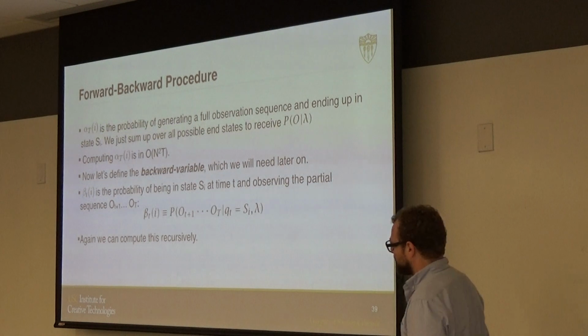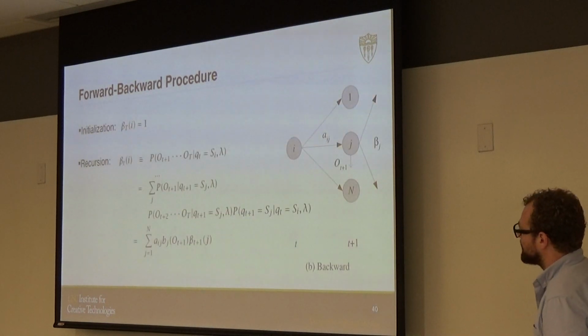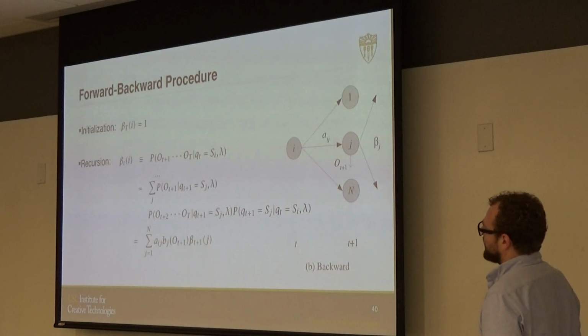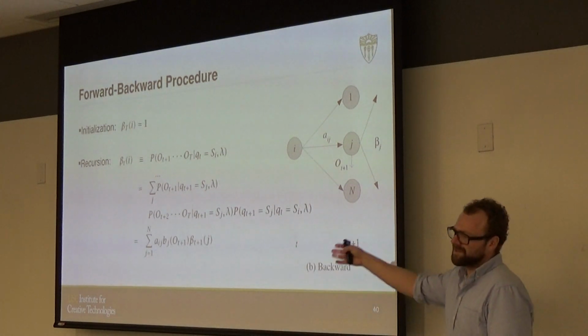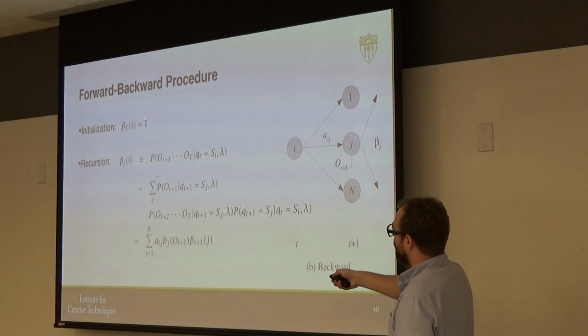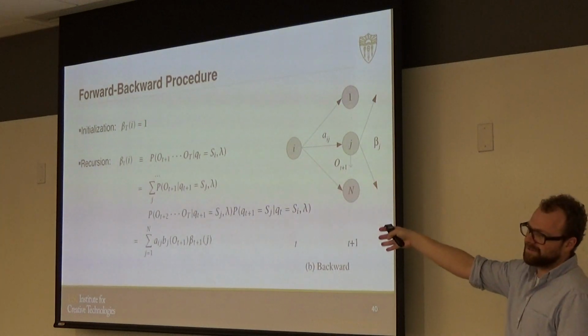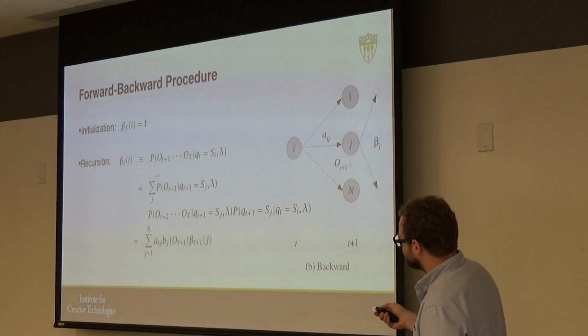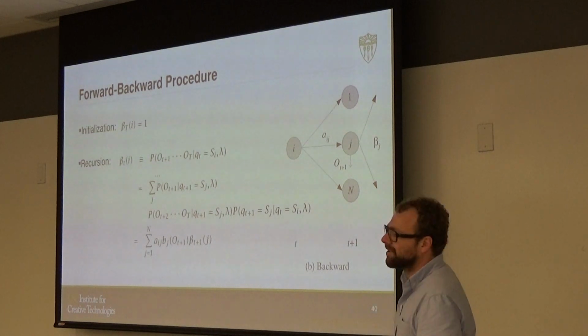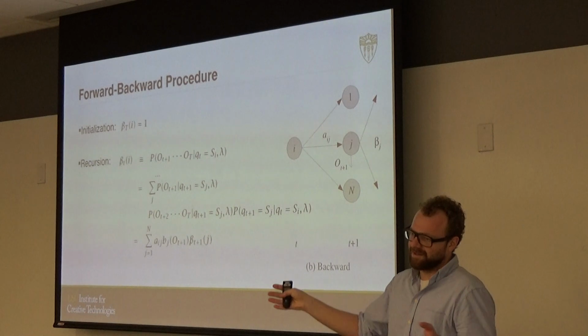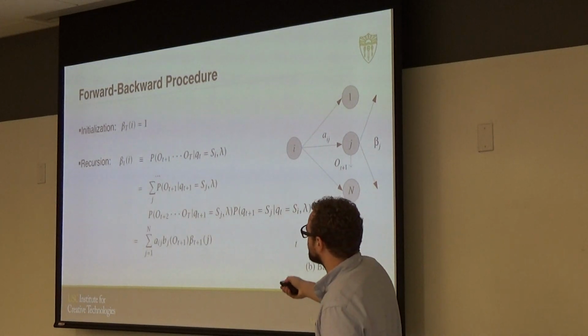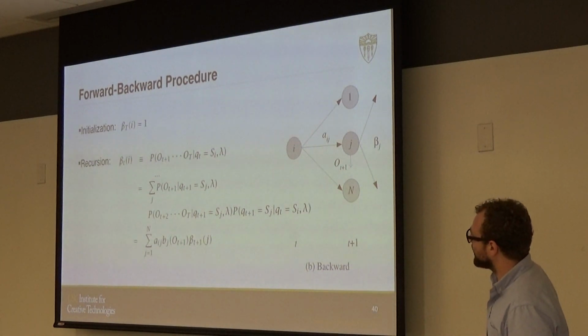This can be written as such, and again we compute it recursively. Beta at capital T, so at the end of the sequence, is 1, so we are definitely ending somewhere. If this was 0 and we multiplied it into our probability, everything would always be 0, so that's why we started with 1 there, obviously.